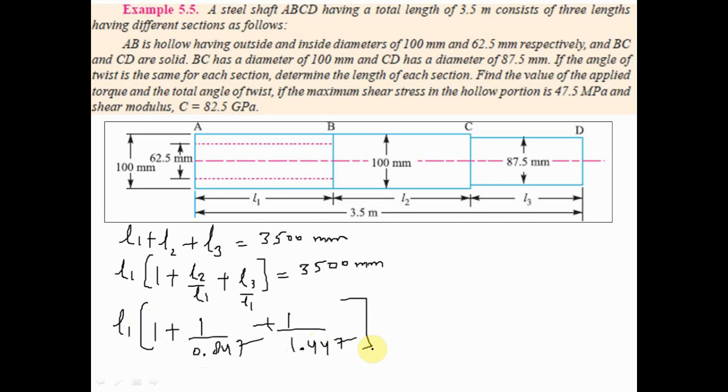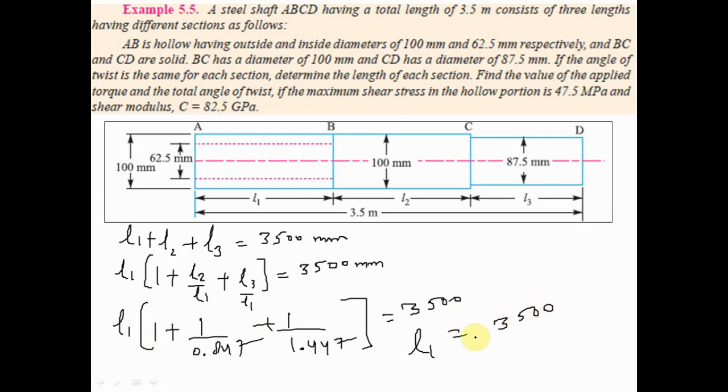Okay, it is equal to 3500. You take the ratio of this one, you take the ratio of this one, you add plus 1. So L1 will be equal to 3500 divided by this entire term within the bracket.